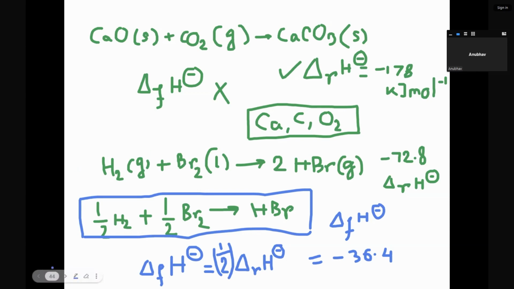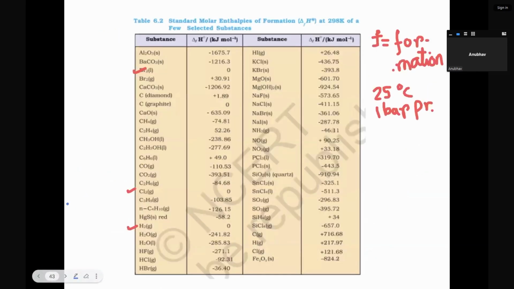That's why in the last slide, I have taken up this example where there are various substances and you can see they have all their delta FH minus value. Al2O3 from aluminium and oxygen, barium carbonate from barium, carbon and oxygen, bromine liquid is from its elemental state, that is 0, and now bromine gas is from bromine liquid to bromine gas.